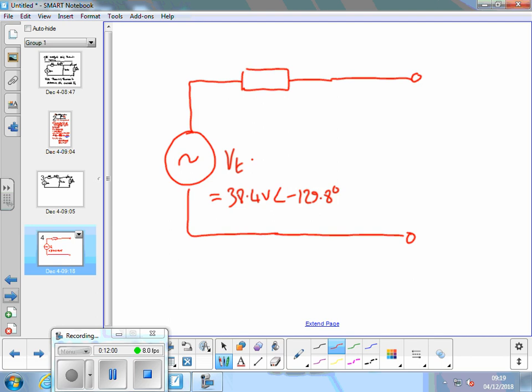This is Z Thevenin. We're going to represent it by a resistor symbol, but it's an impedance and it's going to be complex. So that's the next thing that we've got to find.